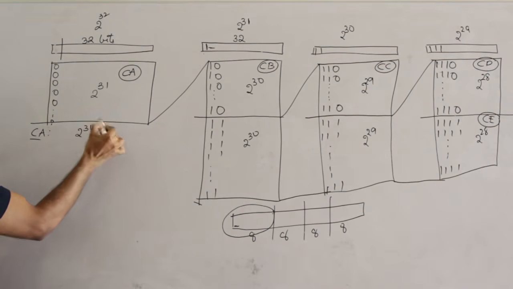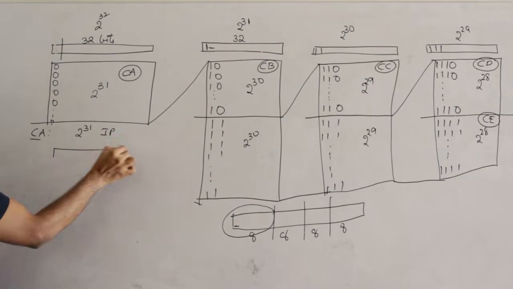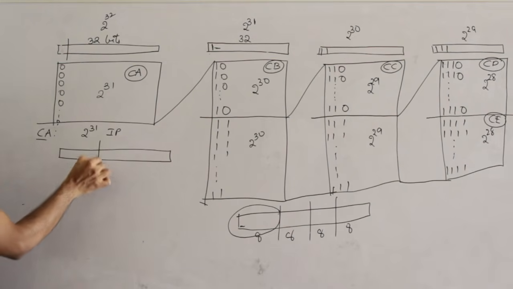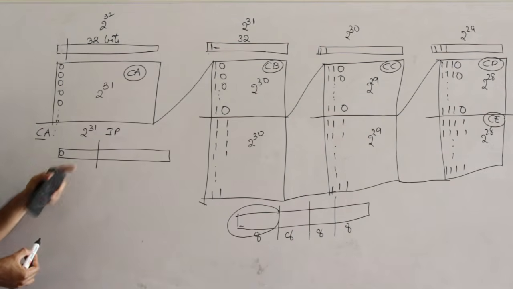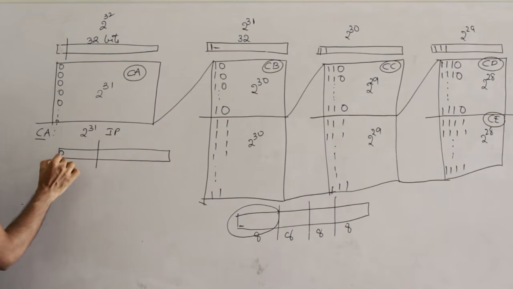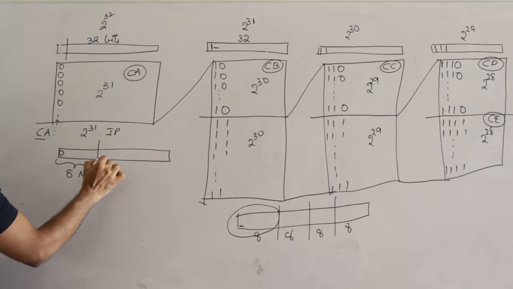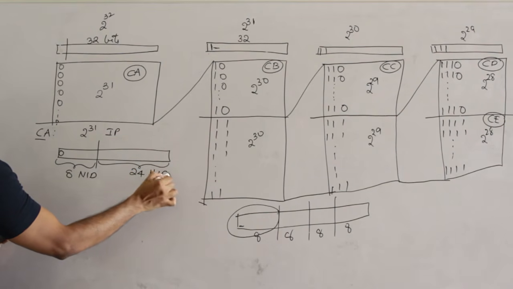And the second point is, they have taken the 32 bits and divided class A into 2 parts. The first bit is going to be 0 as it is, and how many bits are remaining? 7 bits are remaining. So they have taken 8 bits as the network ID and 24 bits as the host ID part.